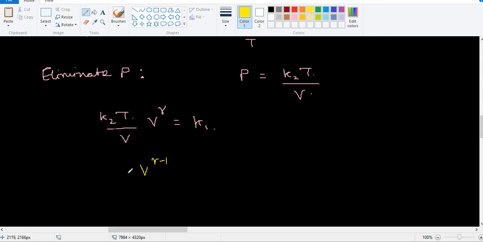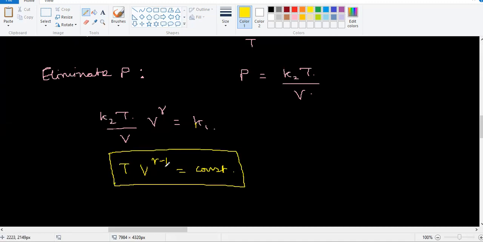T stays here, and K2 comes to this side. So K1 by K2 is a constant divided by a constant, something like 5 by 3 or 10 by 6, it can be any number. So the result is also a constant. This is another important relationship.